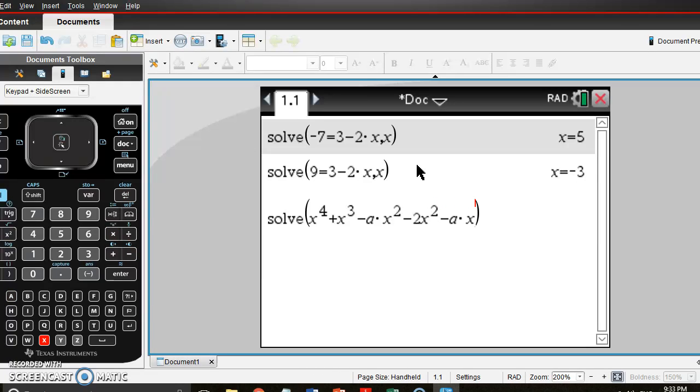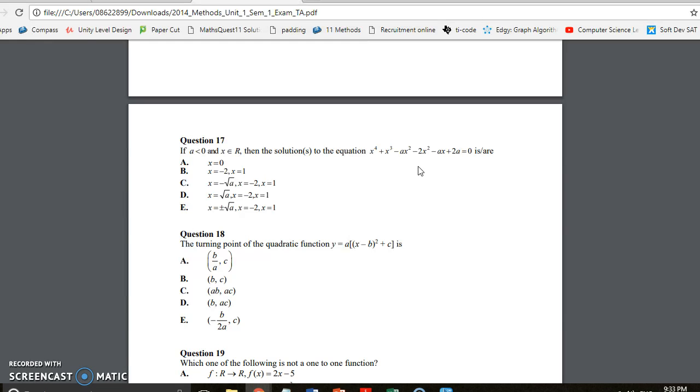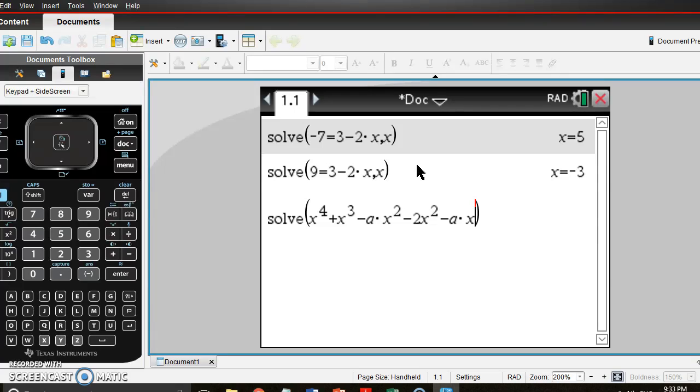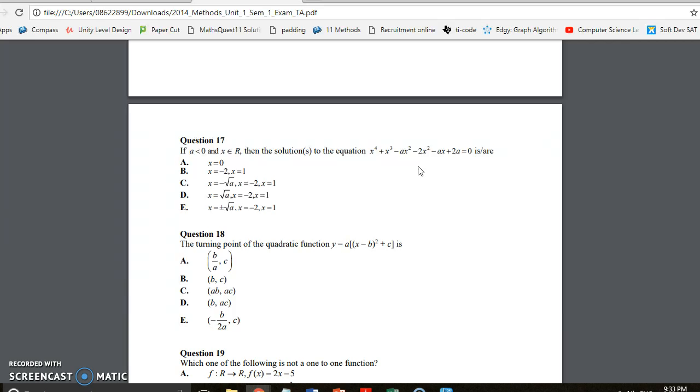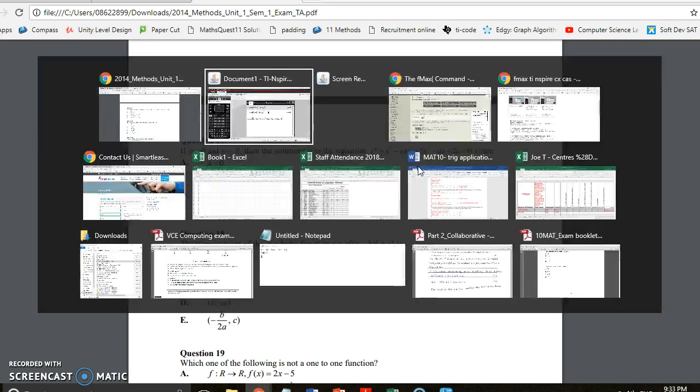Remember, if it's got a coefficient on a variable, put the multiply in there. And we are solving that for x.